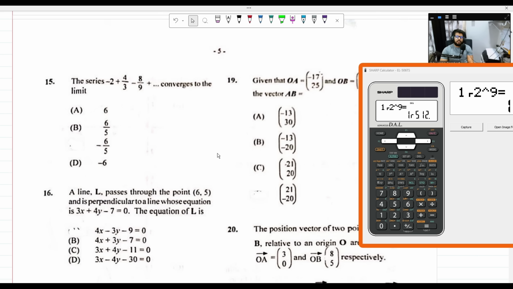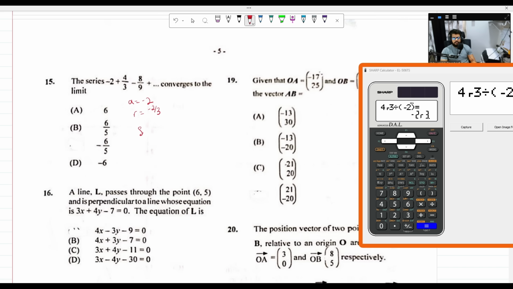If a question in AdMaths asks you for converges to, or you see the word converges, two things you need to remember: it's going to be a geometric progression, and you're going to have to calculate the sum to infinity. So we know that our a is minus 2, and r is equal to 4/3 divided by minus 2, that's minus 2/3.